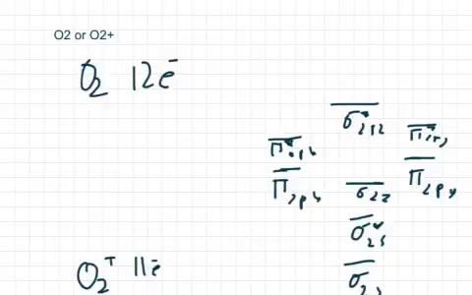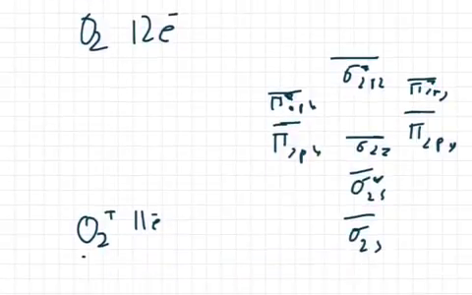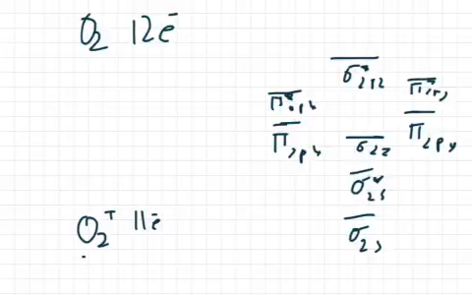We use the same process for the compounds O2 and O2 plus. In this case, we first determine the number of valence electrons. Oxygen has 6 valence electrons in its atomic form, so 2 oxygens would have 12 valence electrons. Because oxygen has an atomic number greater than or equal to 8, it would follow this pattern, which once again differs from the previous pattern we used.